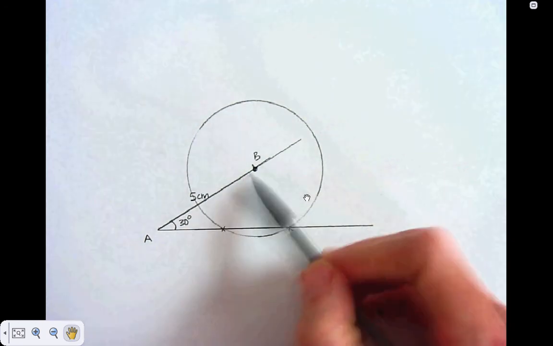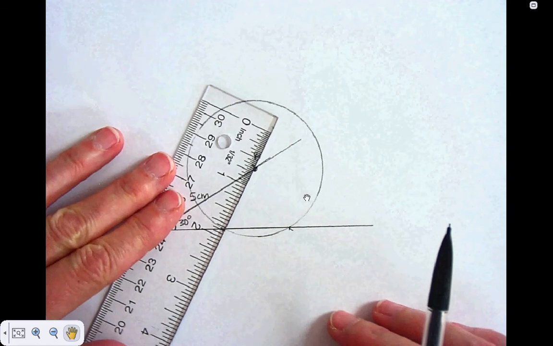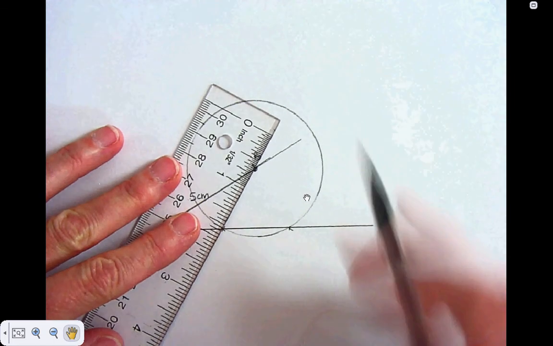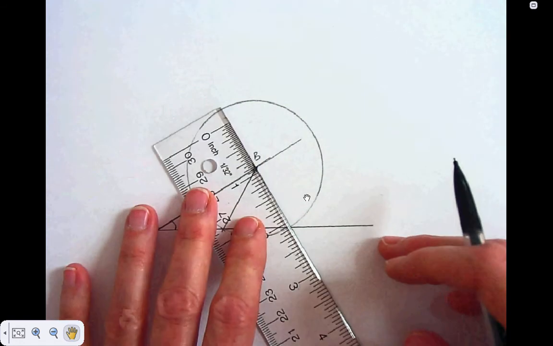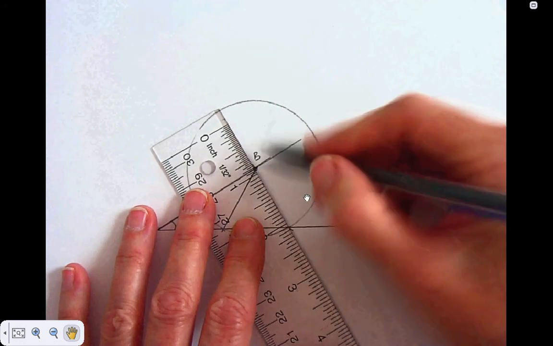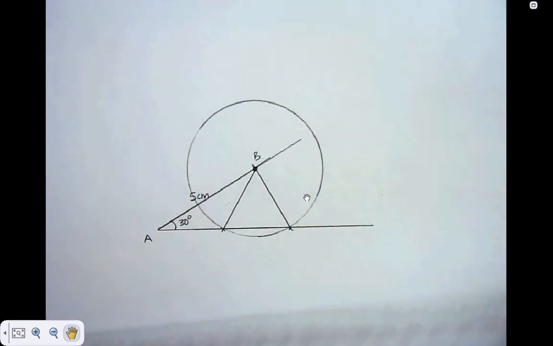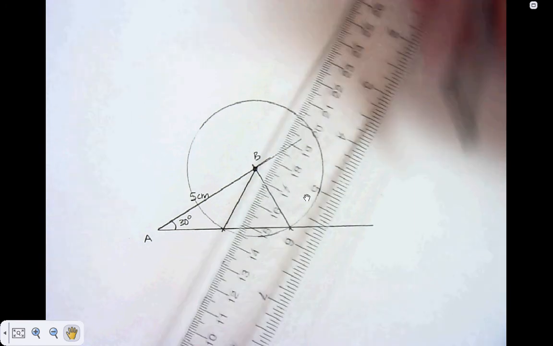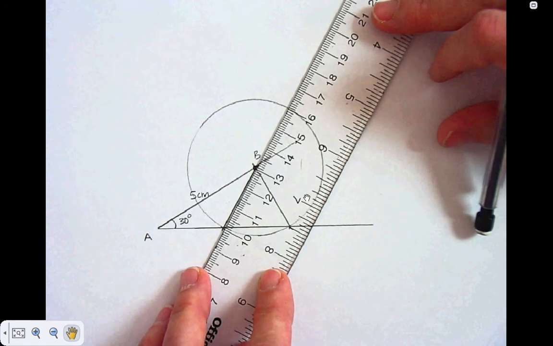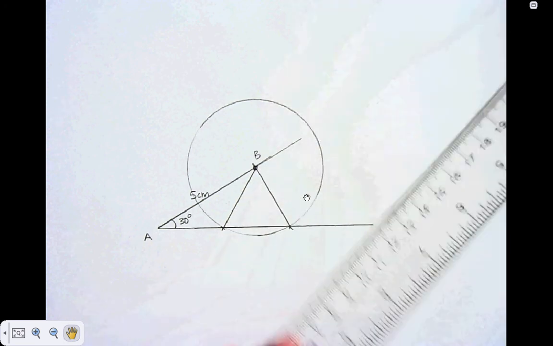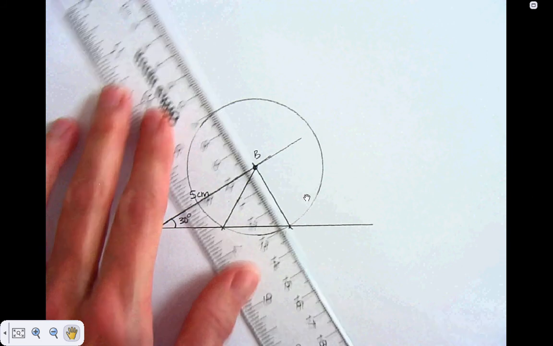Remember, if this is 3 centimeters, then this line connecting here is 3 centimeters. And where it is intersecting here is also 3 centimeters. We can double check that by measuring. I'll have to measure it from 10, but between 10 and 13 is 3 centimeters, and between 10 and 13 is 3 centimeters.